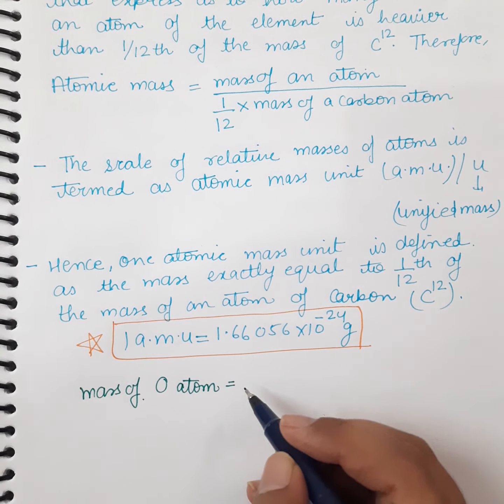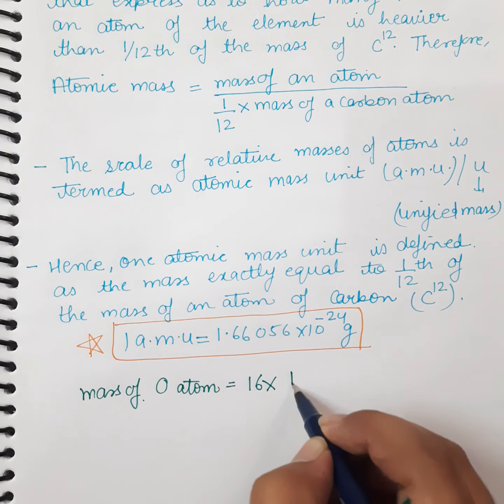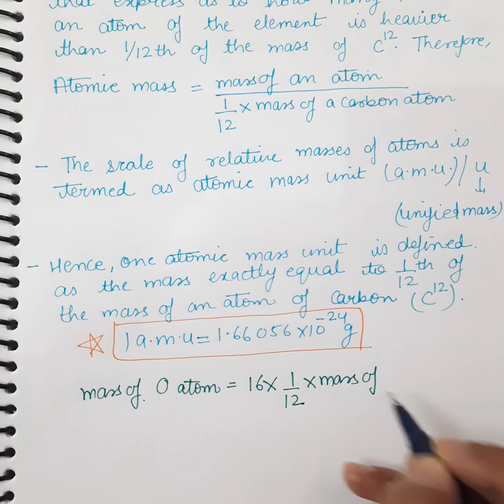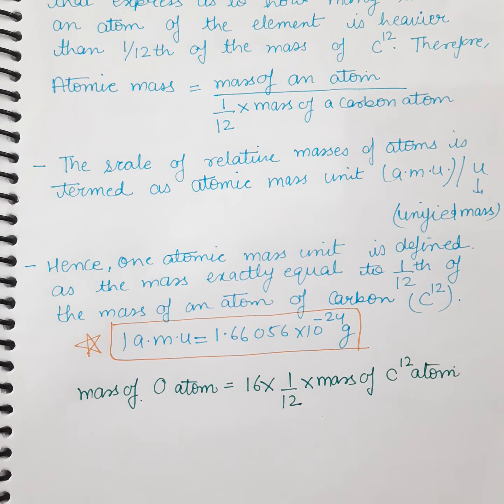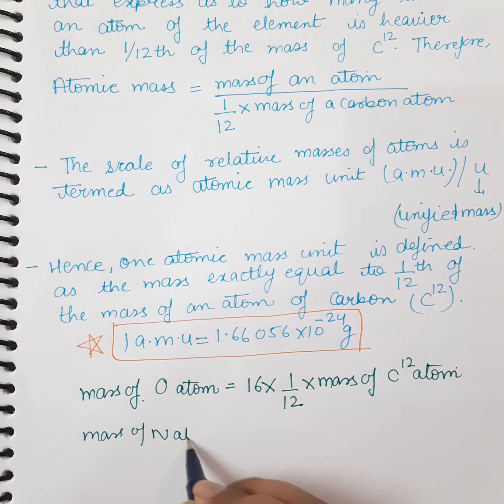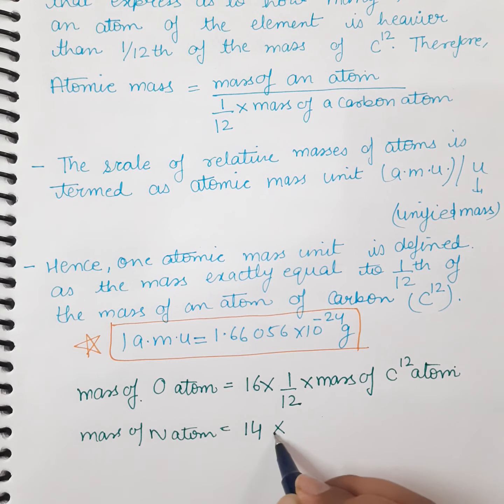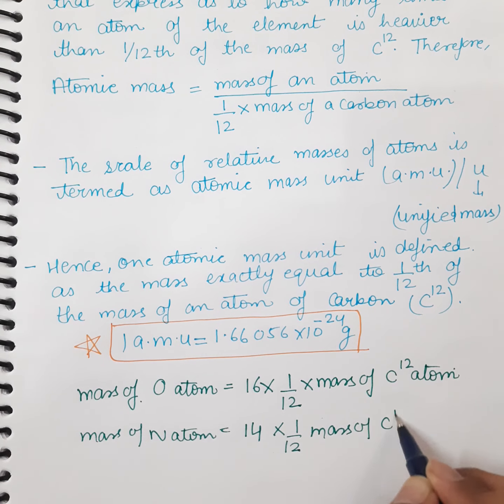For a single oxygen atom, the atomic mass is 16, and it is equal to 16 into 1/12 into the mass of one C12 atom. If I have to calculate the mass of a nitrogen atom, then I write 14 into 1/12 mass of a C12 atom.